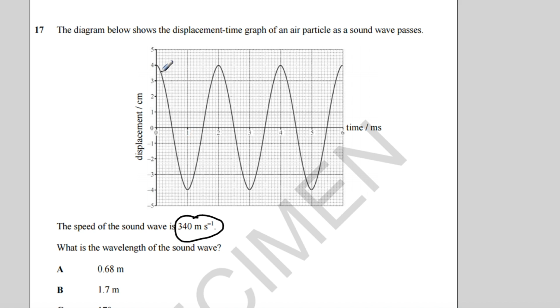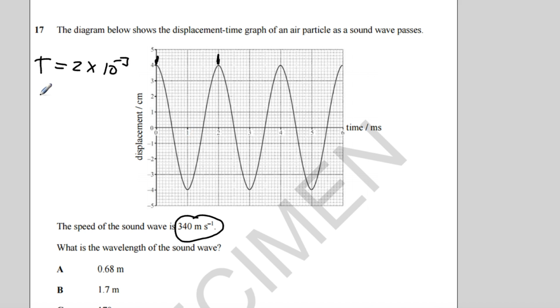What we can do, though, is find the period of the wave. The period of the wave is the time taken for one complete wave, and we've got the time axis here. So one whole wave is equal to 2 milliseconds. That's 2 times 10 to the negative 3 seconds.